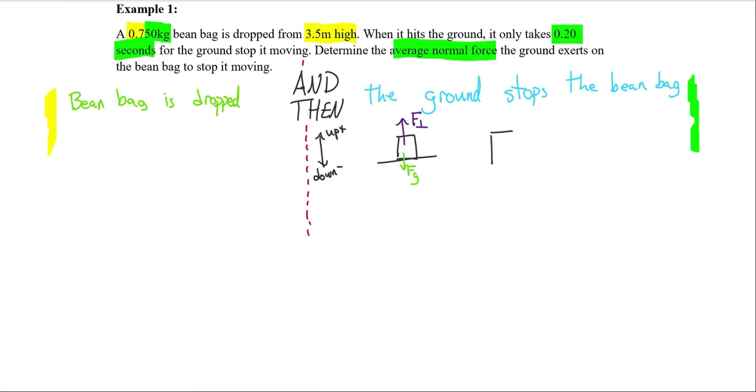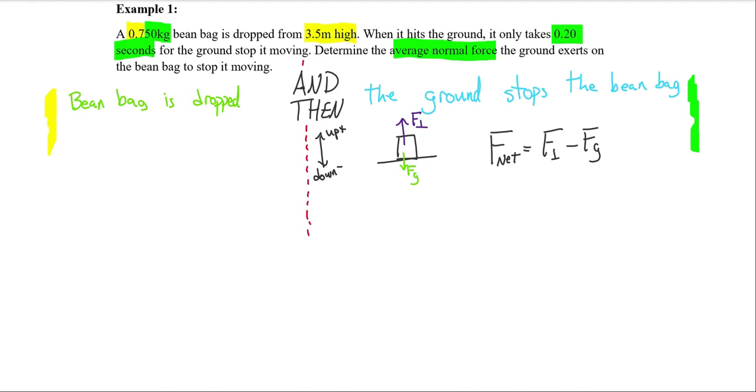And the net force equation in this case should be pretty easy for us to make. It's going to be the normal force subtracted by the gravity. Now don't make this mistake of saying that the normal force is equal to the gravity. The beanbag is accelerating, and if the beanbag is accelerating, they cannot be balanced forces.